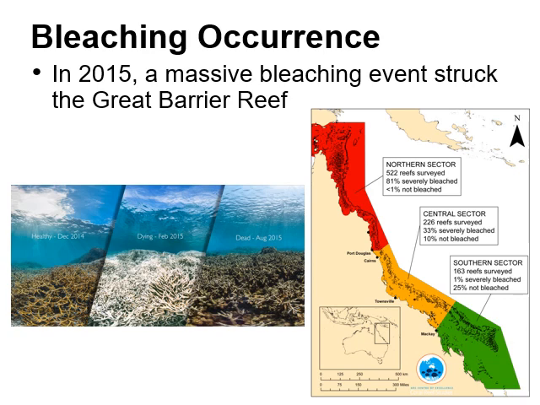So in late 2014 into 2015, there was a massive bleaching event that affected the Great Barrier Reef. So in the late part of 2014, so December of 2014, corals were completely healthy, but then by like January, February, corals started to bleach along the Great Barrier Reef.